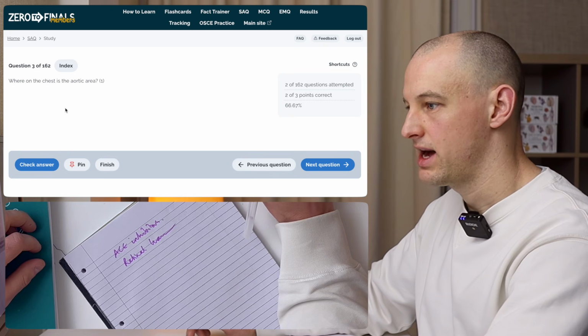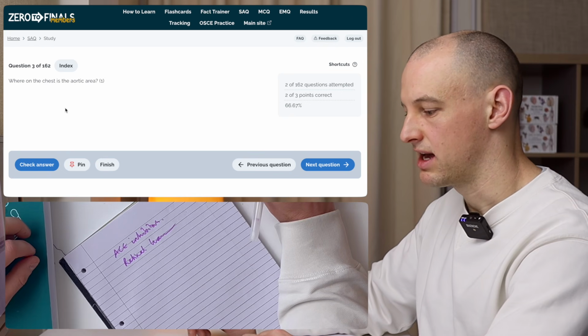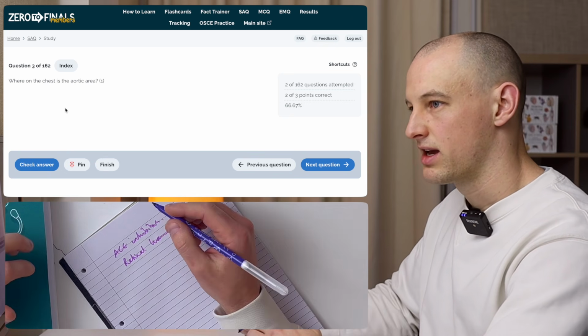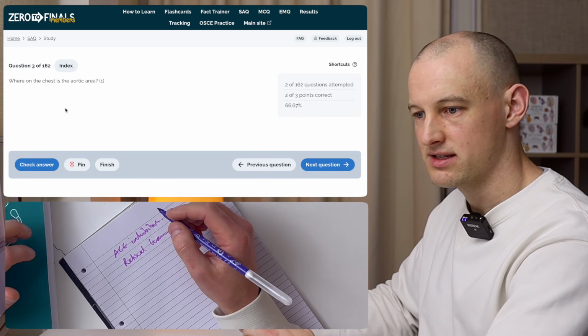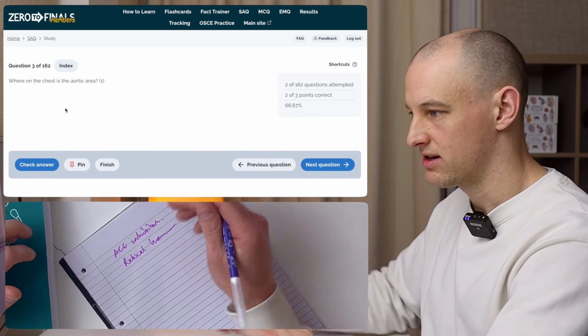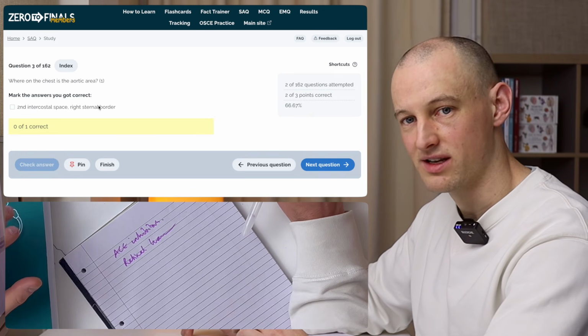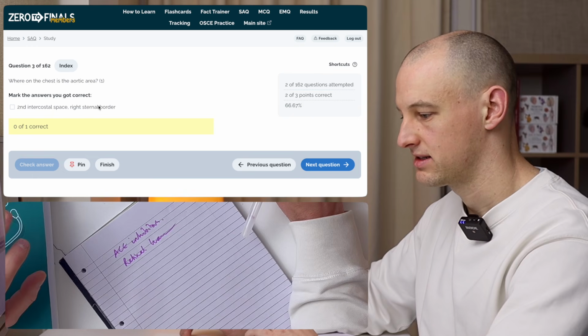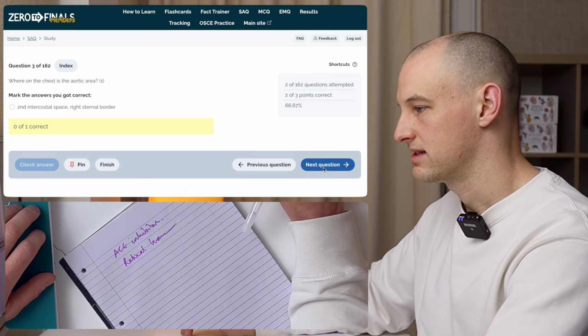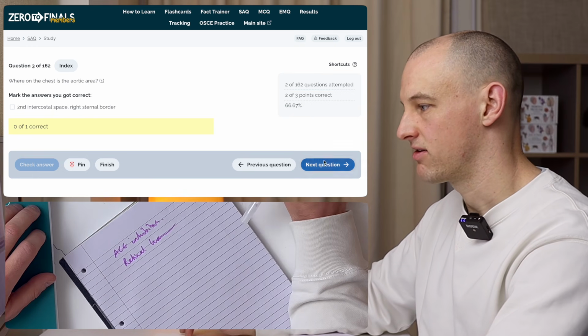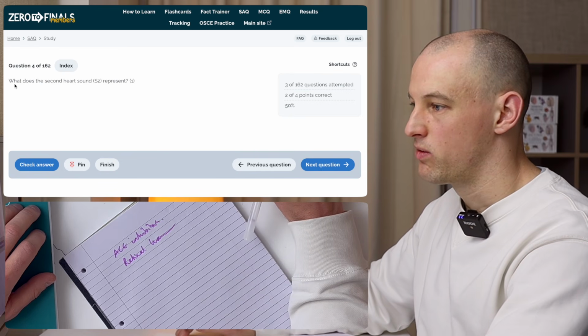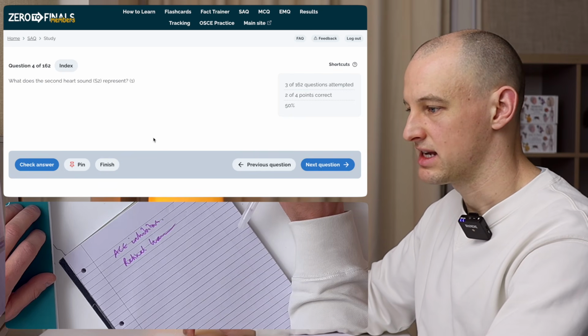Okay. Where on the chest is the aortic area? I'm going to say second intercostal space, left sternal border. Second intercostal space, right sternal border. So I didn't get that correct. So in that case, we leave it blank, zero correct. What does the second heart sound represent?